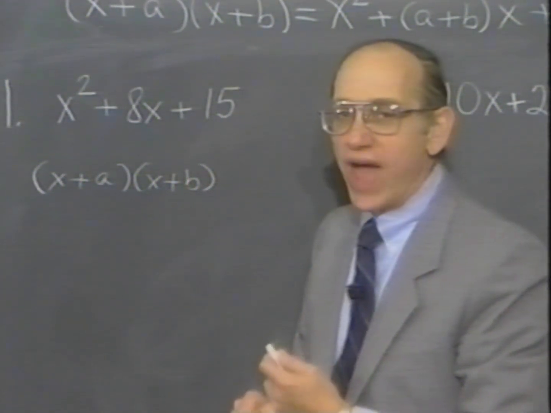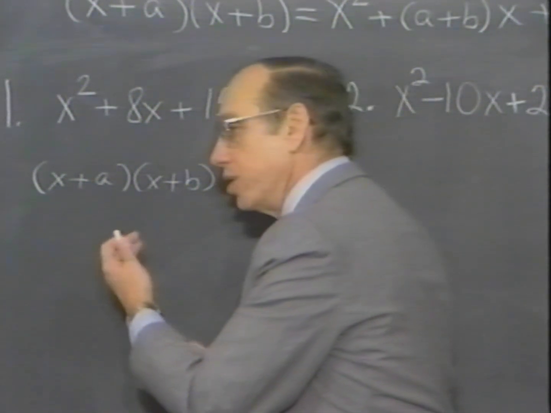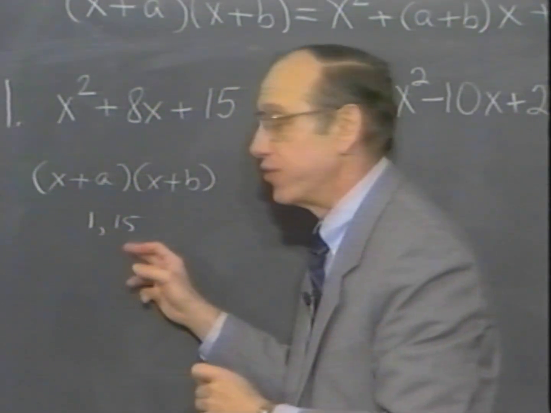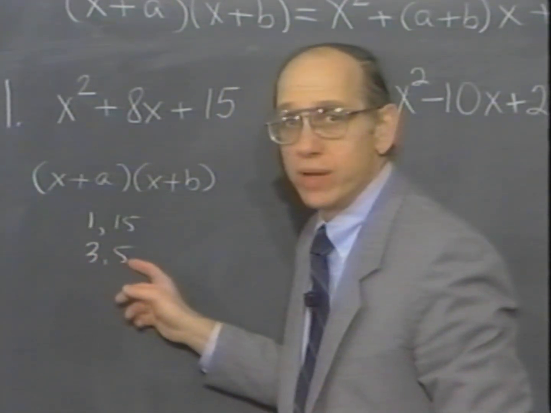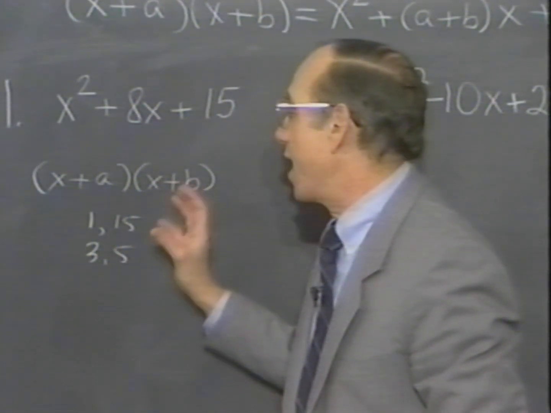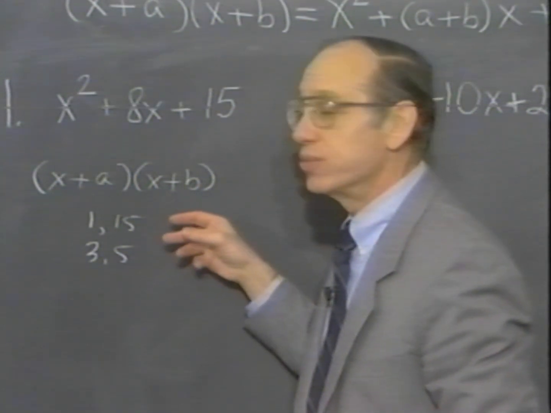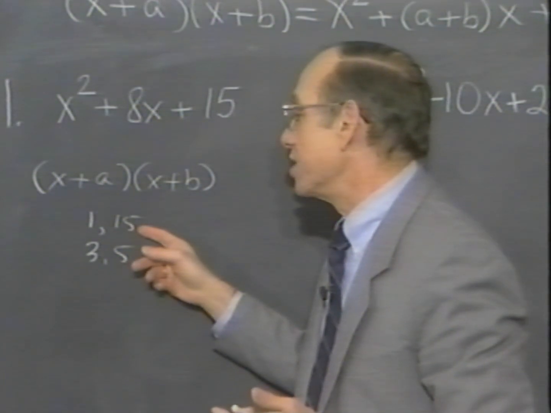So let's look at the whole number factors of 15. The only possibilities are 1 and 15, because 1 times 15 is 15, and 3 and 5, because 3 times 5 is 15. And now we ask, for which of these two cases is the sum of the two factors equal to 8? And of course, that's easy. 1 and 15 is 16, so it can't be that.